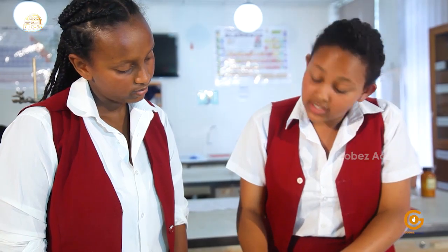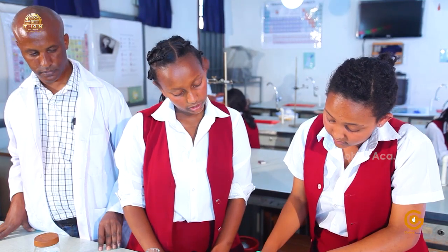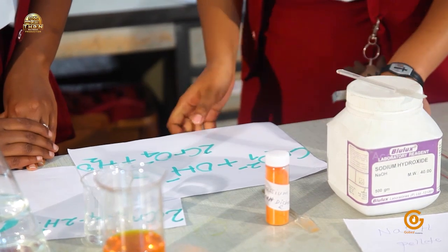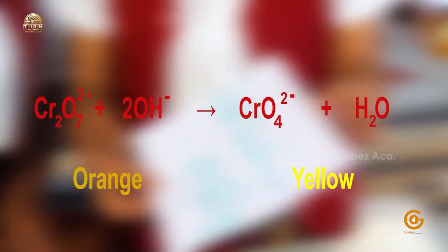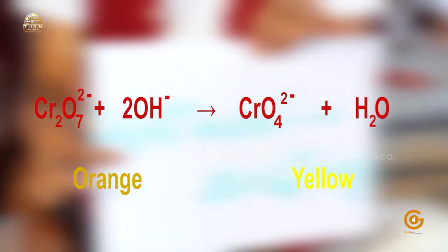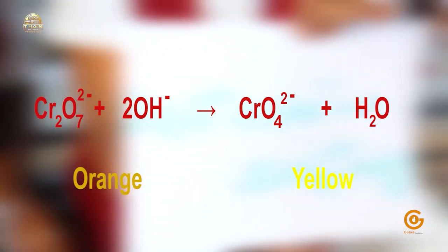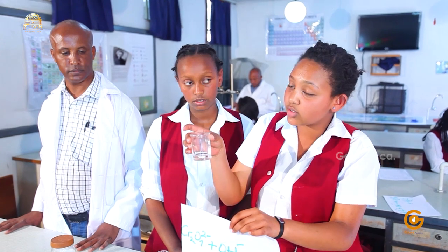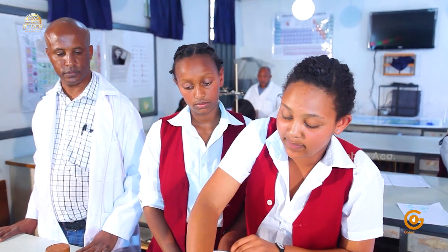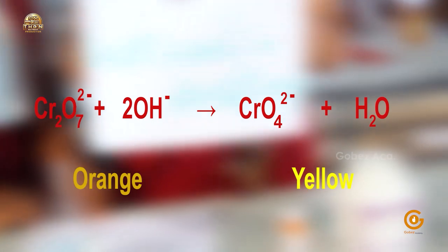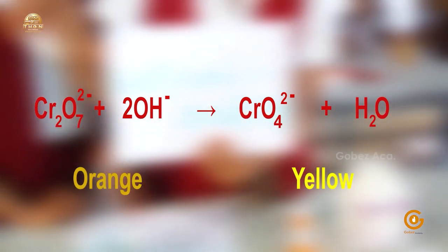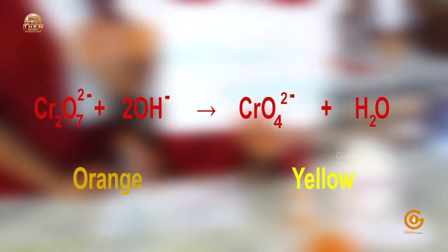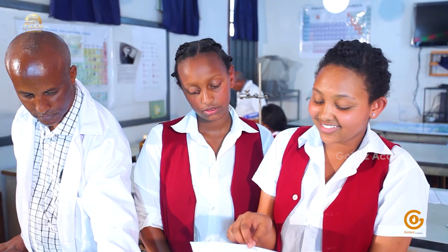It also gave us water. To show this to our audience, I originally had a dichromate which had a color of orange like this, and I added a dilute solution of hydroxide base, and it was changed to a chromate solution which had a color of yellow. So this is the reaction that took place.